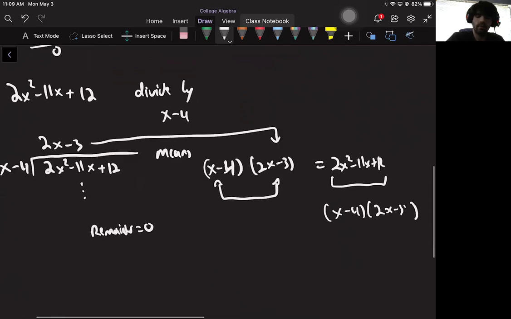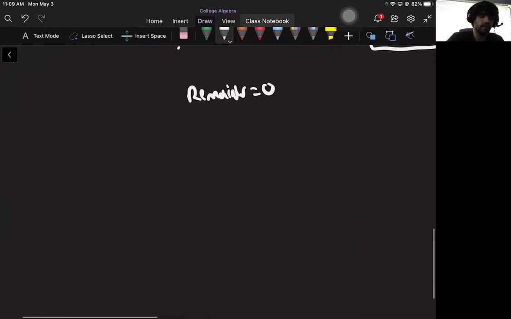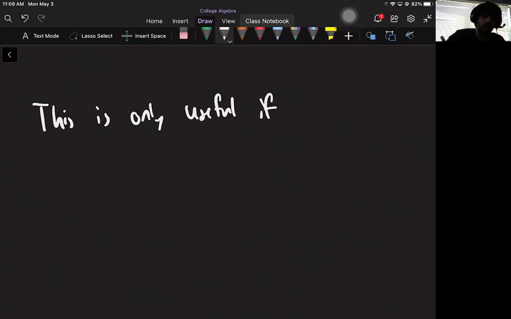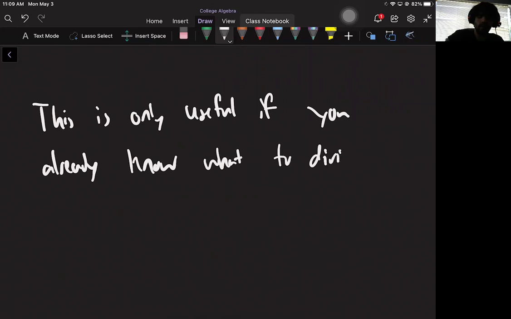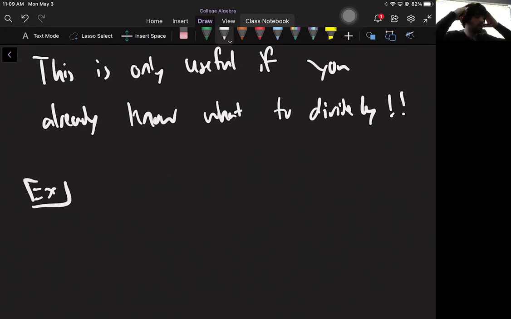But what is the problem with this? This is actually not exactly what we're going to do today because of some issue. This only works if you already have something to divide out. If you know what to divide by. So when I started with 64, I knew to divide by 4 and that would help me factor 4 out to get me 16.